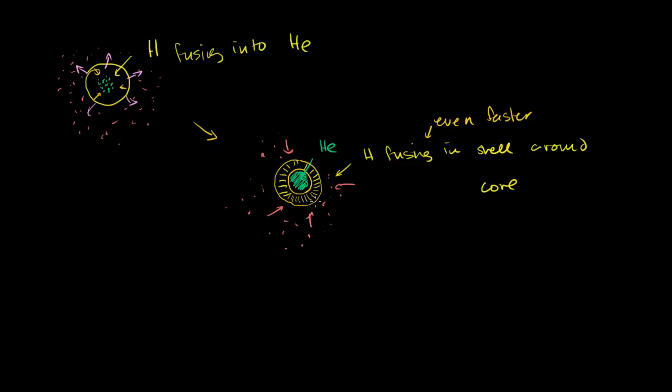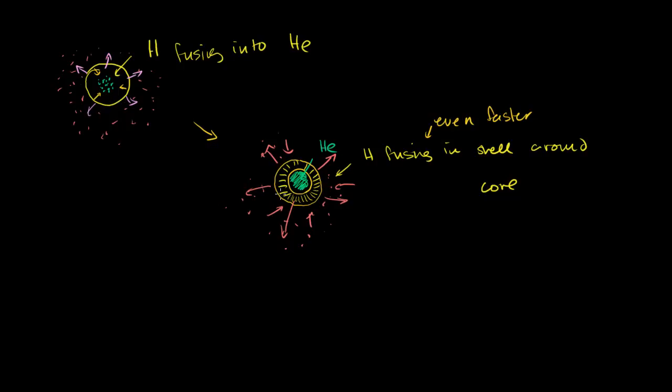So this faster fusion over a larger radius is going to expel these outer layers of the star even further. The whole time, this gradual process, as the hydrogen fuses into helium in the core, the hydrogen right outside of the core starts to fuse faster and faster, and over a larger and larger radius.